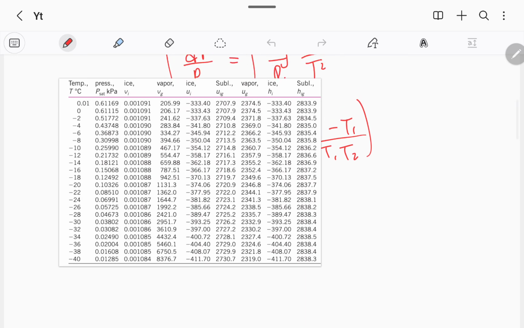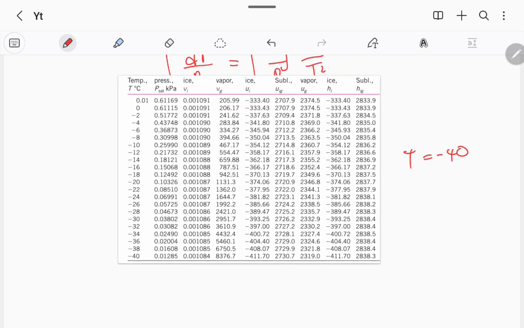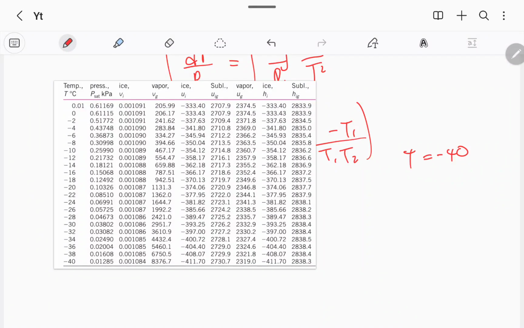Let's convert the temperatures we have into Kelvin. They gave us negative 40. We got this piece from the steam table, ice table A-8. So our T2, after converting, is 233 Kelvin.